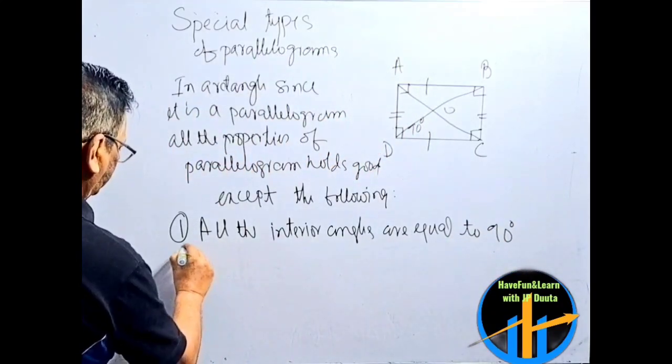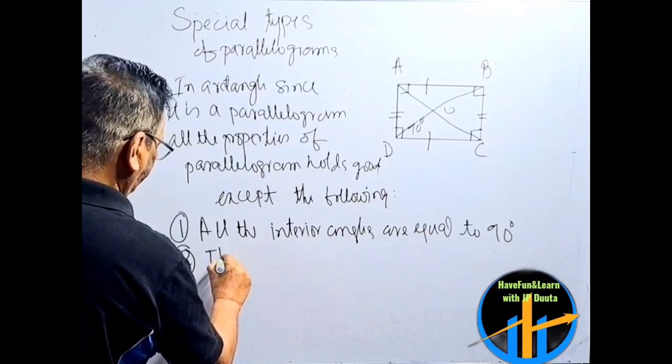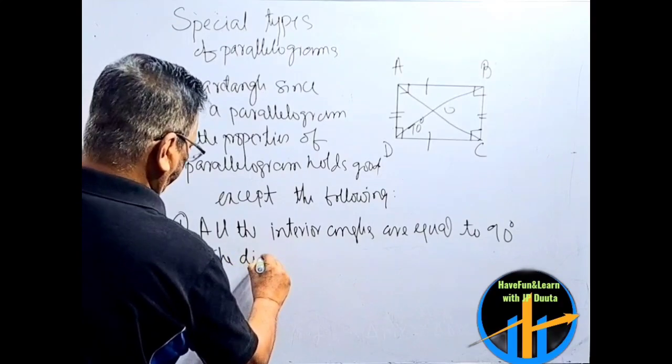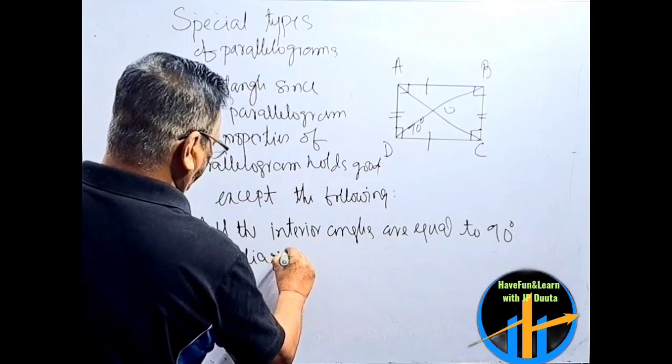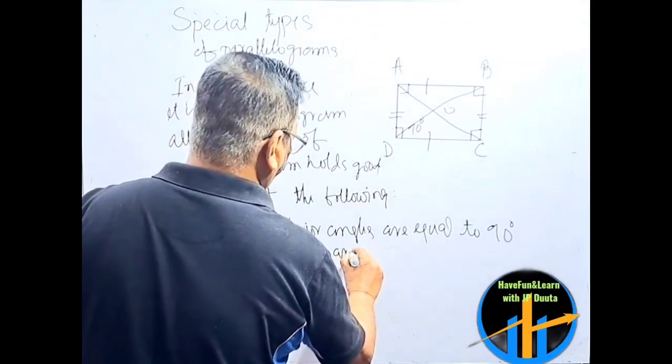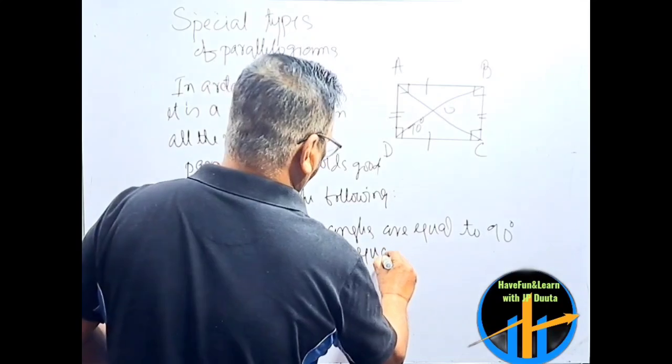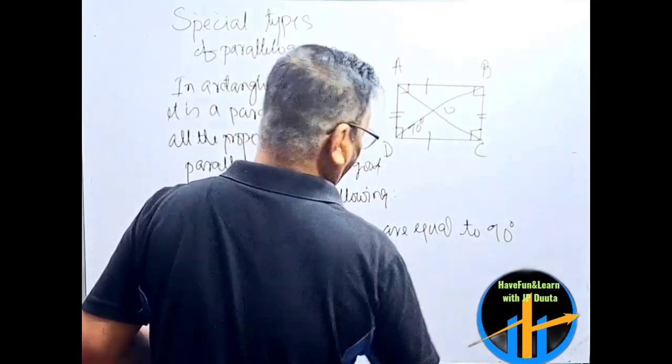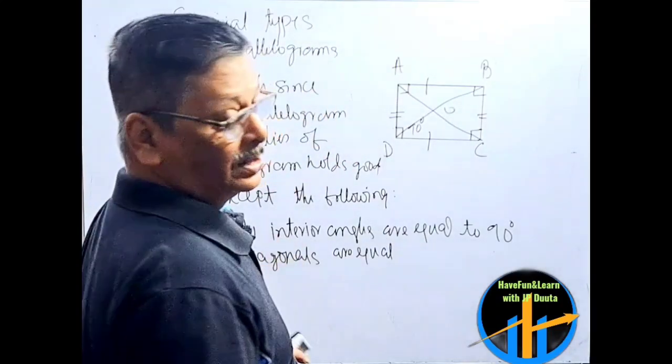are 90 degrees, and number 2, the diagonals are equal. See, for parallelograms the diagonals are unequal.